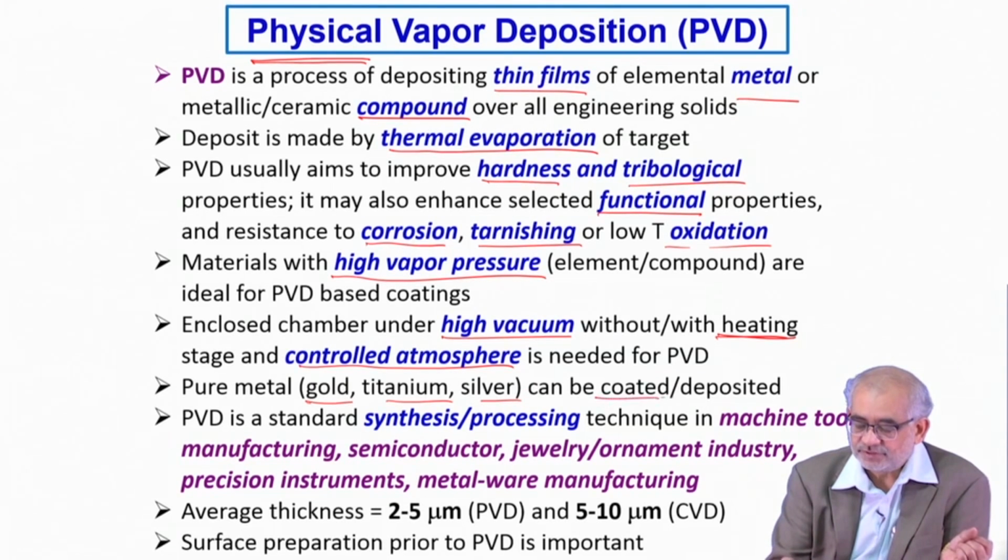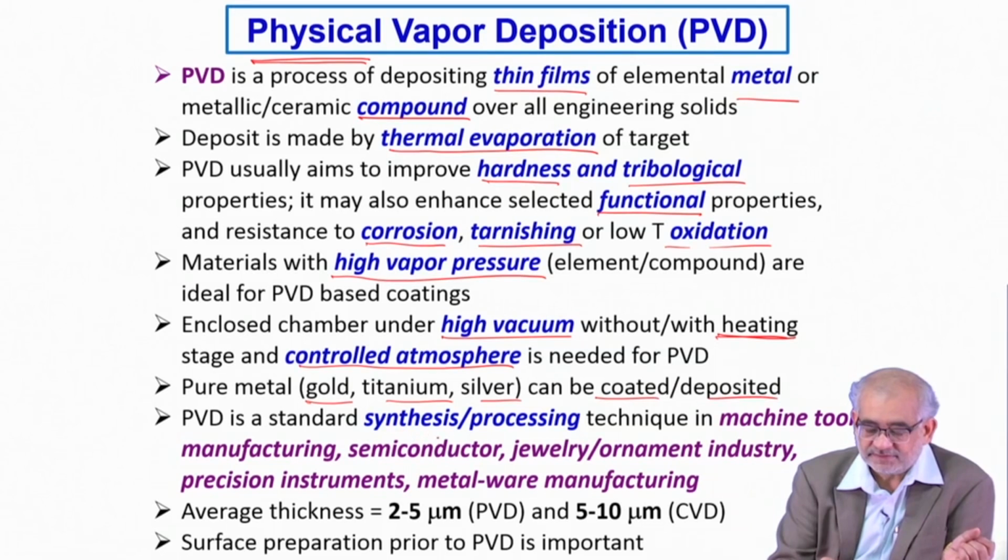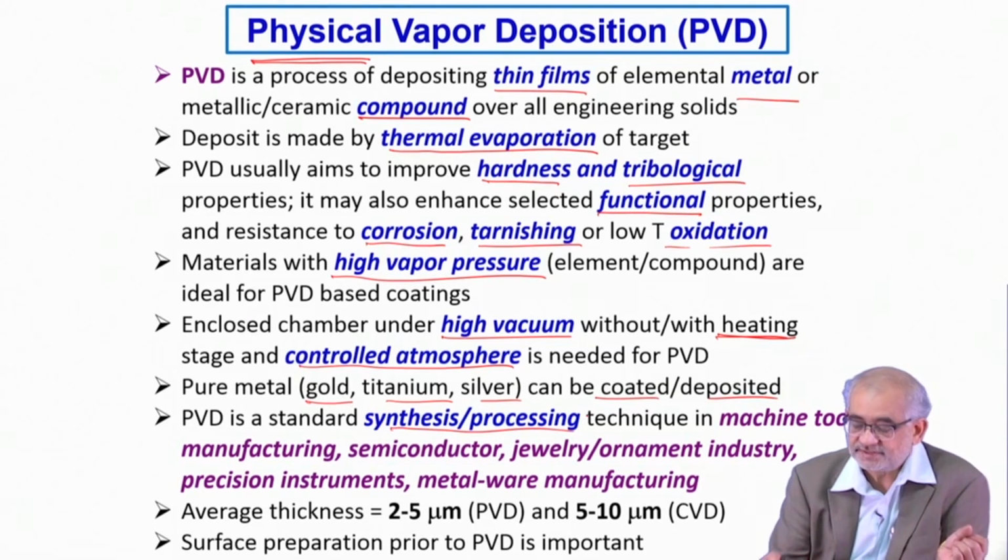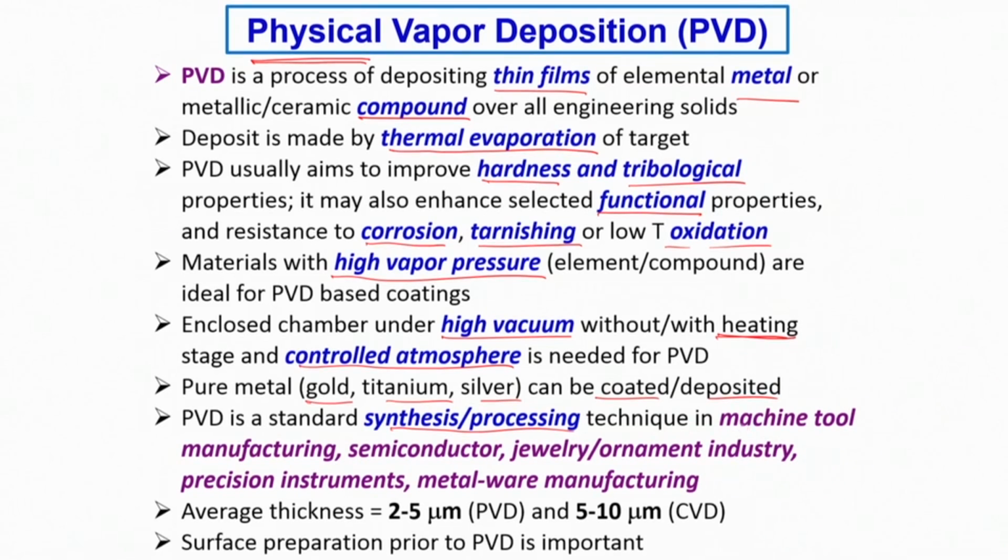So they can be coated or deposited, and this is also a standard synthesis or processing technique for creating wear resistant coating or low friction coating on machine tool manufacturing, for the semiconductor industry, creating various integrated circuits or various other kinds of components.